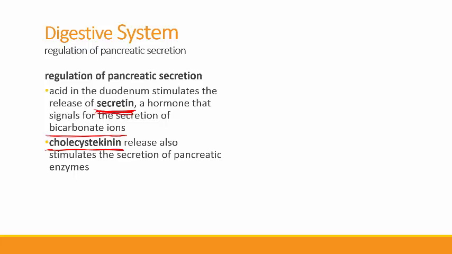Remember, it was cholecystokinin that decreases the movements of the smooth muscle of the stomach. It also stimulates the secretion of pancreatic enzymes. So secretin and cholecystokinin are responsible for regulating pancreatic secretion.